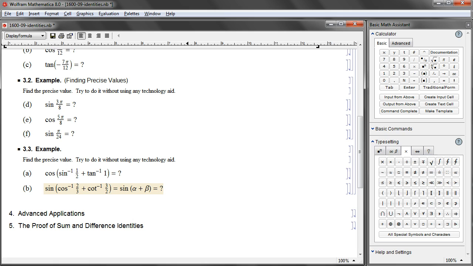This is what you have to do. Name alpha as arc cosine of 2/3 and beta as arc cotangent of 3/2. And then consequently, you're going to get something like this.